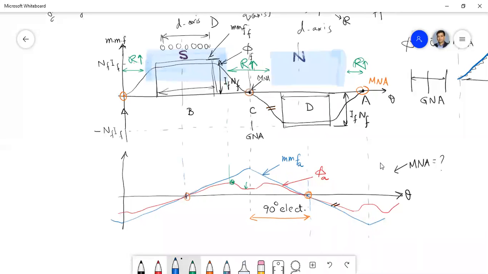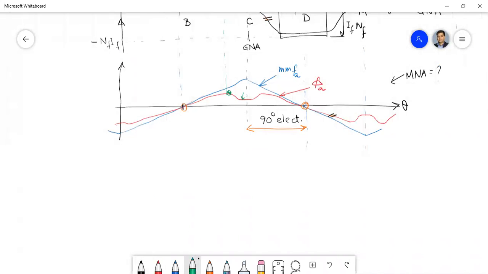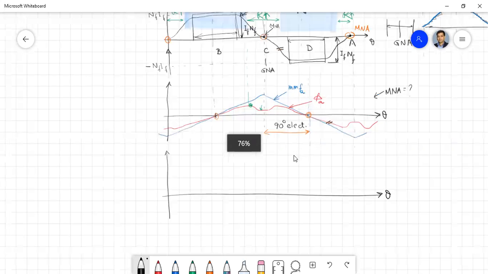Okay. So the resultant distribution, if I draw in another curve, how will it look like? If we add these two curves, the distribution for this field and distribution for this armature, how will it look like? So let me shrink the screen.